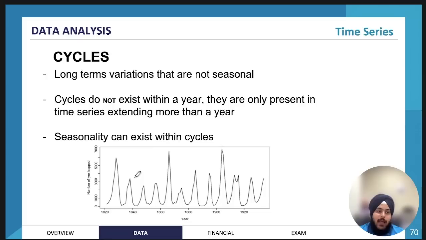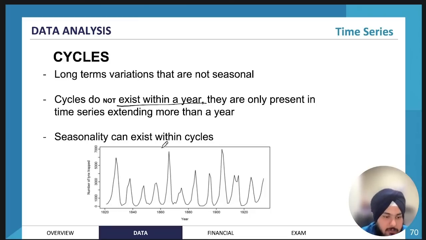This is different to a cycle, because a cycle, although it does have the ups and downs, this sort of variation is across a variety of different years. So although there are peaks and troughs, they're not going to occur within the same year. They're going to occur through a plethora of years, so across a range of years.